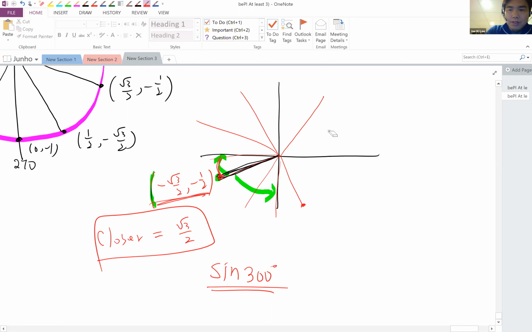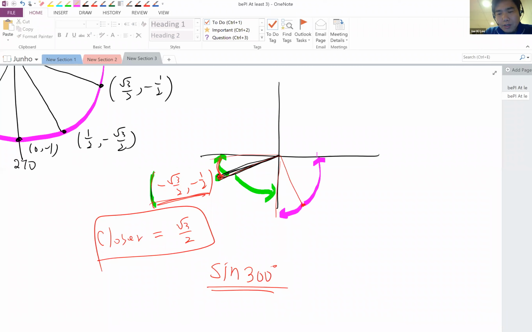Then you don't need any other line anymore, because after finding 300, same thing. You analyze whether this line is close to the y-axis or x-axis.